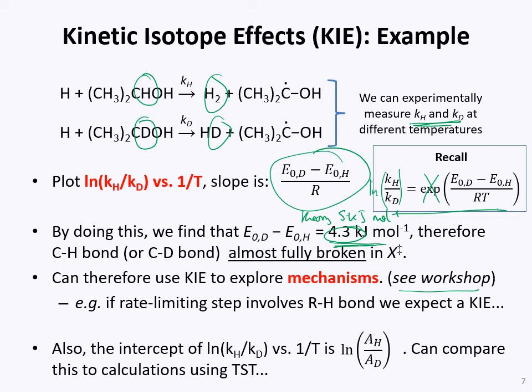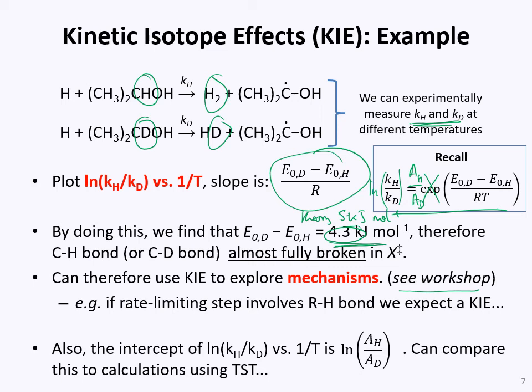Another important point on this graph is if we don't use this equation here, but we use the previous equation, which involves our H and our D, then we've obviously assumed that ratio is going to be 1, and therefore this expression should go through 0, because log of 1 is 0.